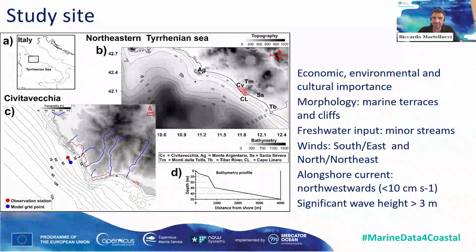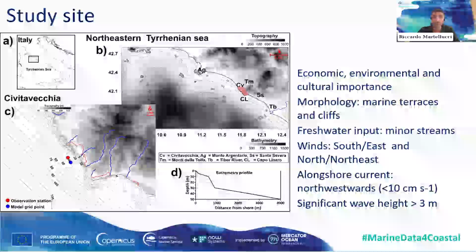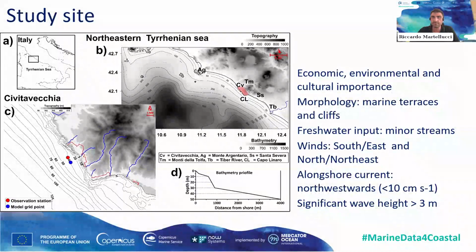So we can analyze the winds, because the winds produce the mixing in the coastal area, and the main current, and also the significant wave height. These parameters allow us to give the fundamental drivers for the phytoplankton variability.